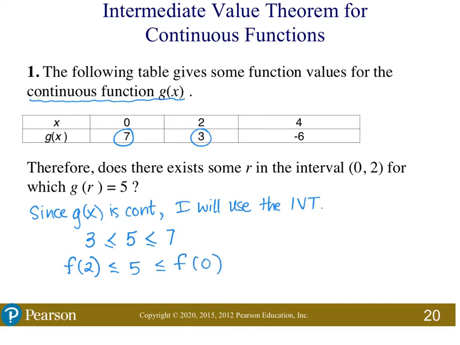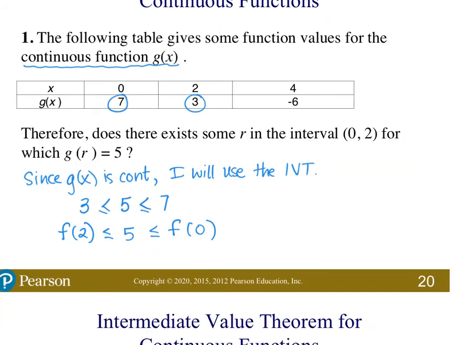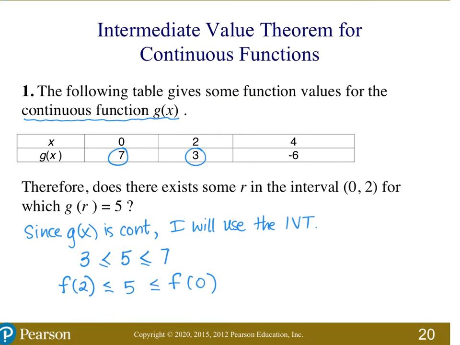So since 5 is between f of 2 and the f of 0, and since this 5 is the y value, then I should be able to find an r value in between 0 and 2 as x values.